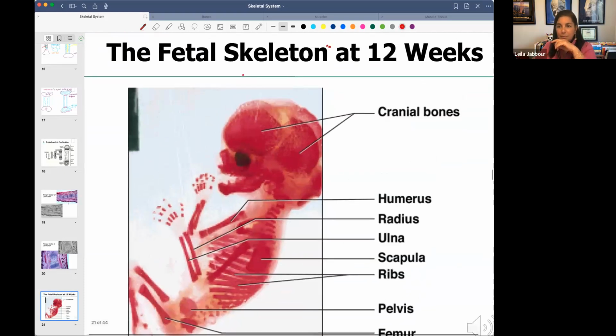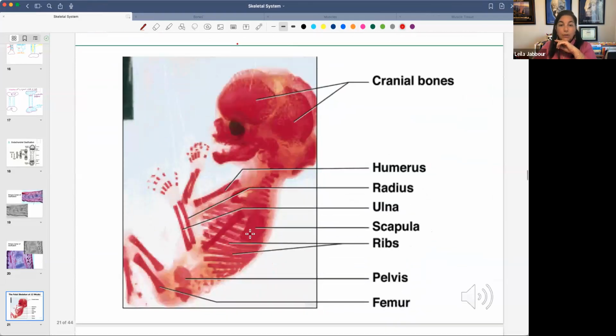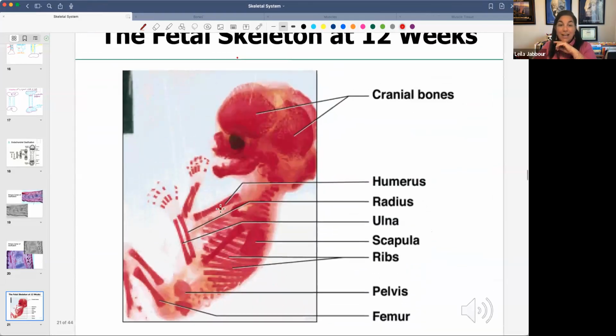Here we go. This is a picture of a 12-week fetal skeleton. At 12 weeks we call it a fetus, and you can see the bones are just little sticks. The humerus, radius, and ulna are parallel to each other here, and you don't see anything in between.